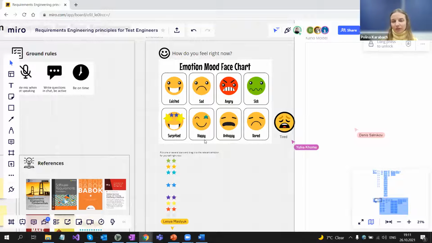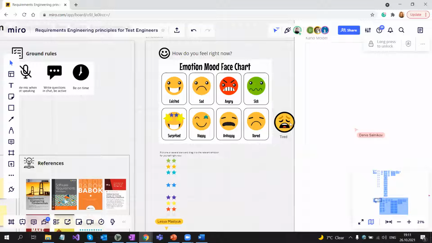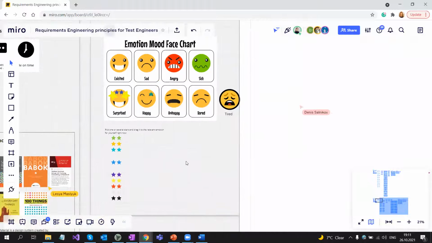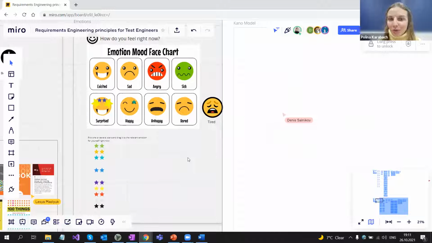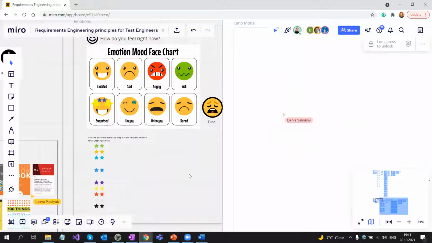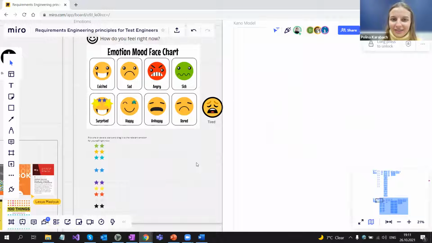You can unmute yourself and just reply. Product manager. Yeah, so it's some stakeholder, right? Yeah, kind of. Okay. Yes. Anything else? Do some research.